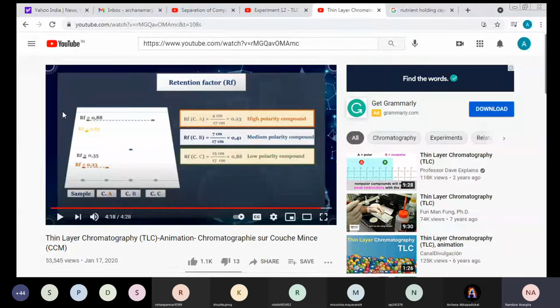So before we start our run, we draw a straight line beforehand. You can see where the cursor is moving, and then we place it in the TLC chamber and we allow it to run, in a similar way to what has been shown in this video.